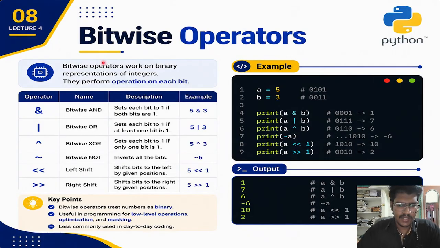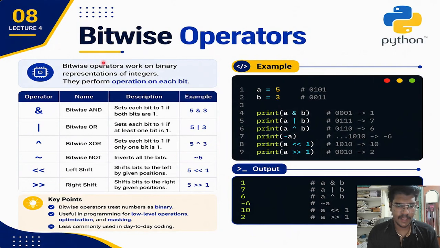In the OR gate, the result bit is 1 if at least one bit is 1. In this, 0 0 is equal to 0, 1 0 is equal to 1, 0 1 is 1, and 1 1 is 1.